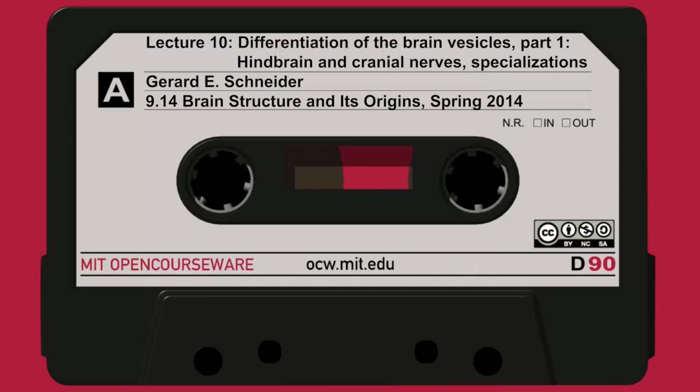Okay, can somebody tell me what the homeobox genes are? They're often called Hox genes. What do they code for? Transcription factors, exactly.